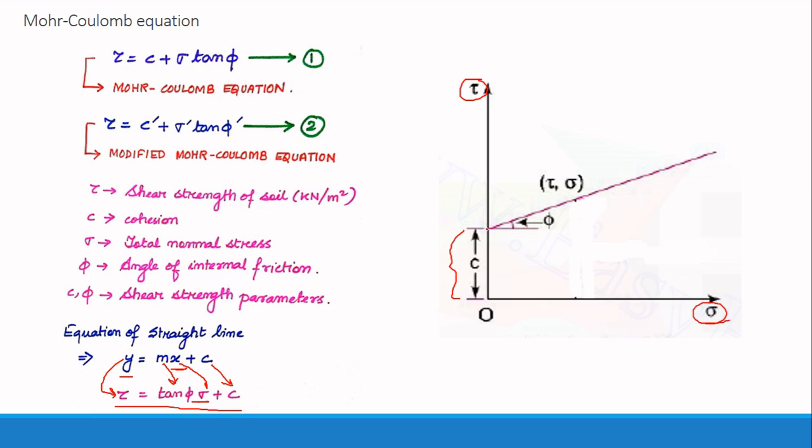From the intercept I have drawn a straight line making an angle phi, so that the slope is tan phi. If someone asks you the equation of this line, it will be tau equal to c plus sigma tan phi, that is, the Mohr-Coulomb equation. This line also has a special name: the failure envelope.